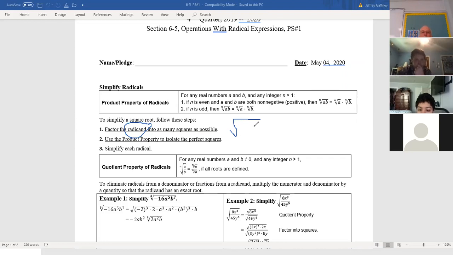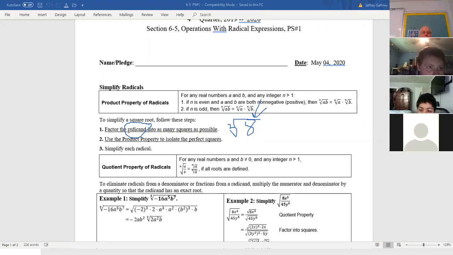Let's keep it simple. We're doing the square root of 8. The radicand is that value under the radical. So if you see that word again, or you see it on a standardized test, radicand is the value under the radical.